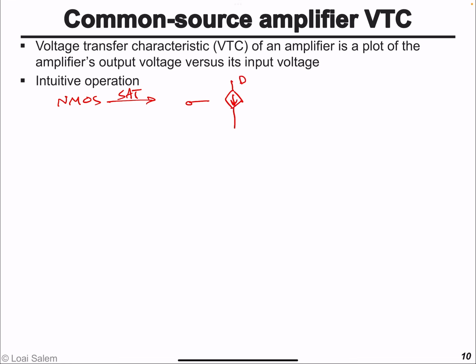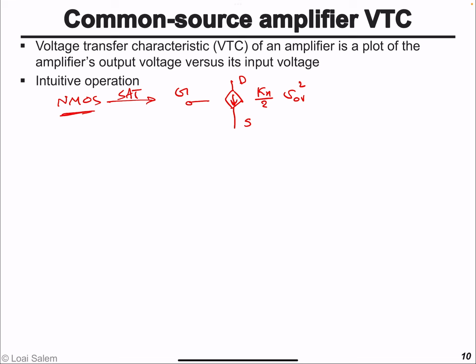Where this is a drain, this is a source, this is a gate, and its current is given by Kn over 2 V over drive squared. So luckily we have an element that behaves as a voltage controlled current source.